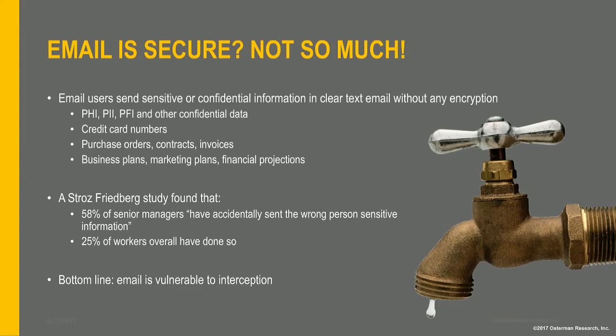I know I have done it. I have received purchase orders and various types of sensitive information that I wasn't supposed to get, because my name was similar to somebody else's in an address book somewhere. So bottom line is that email is really quite vulnerable to interception, either through mistakes or, in some cases, through people accidentally hacking in, as we'll discuss in just a bit.